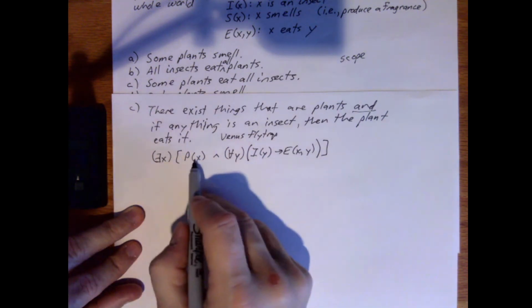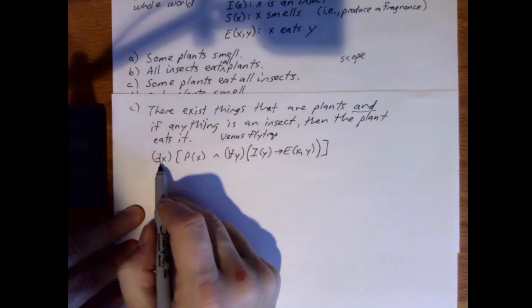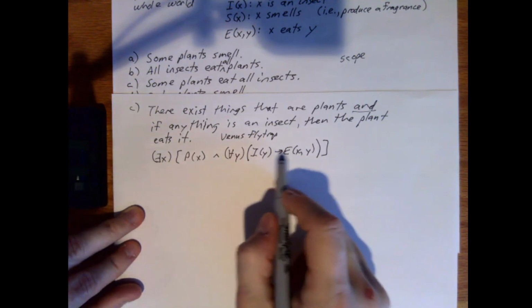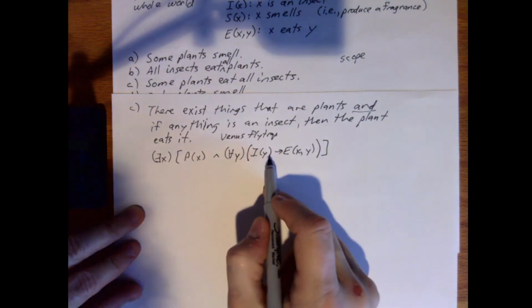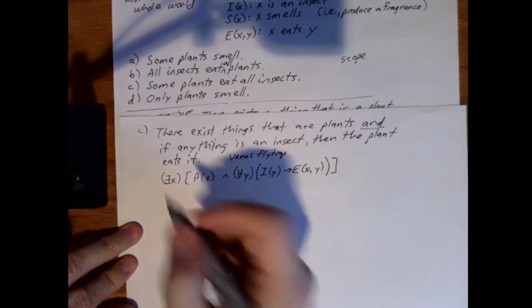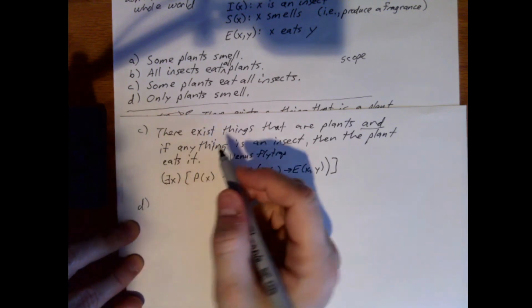So remember x here is for the plant, so plant eats all insects. So there exists a plant or some plants that eat all insects. That's what this says.